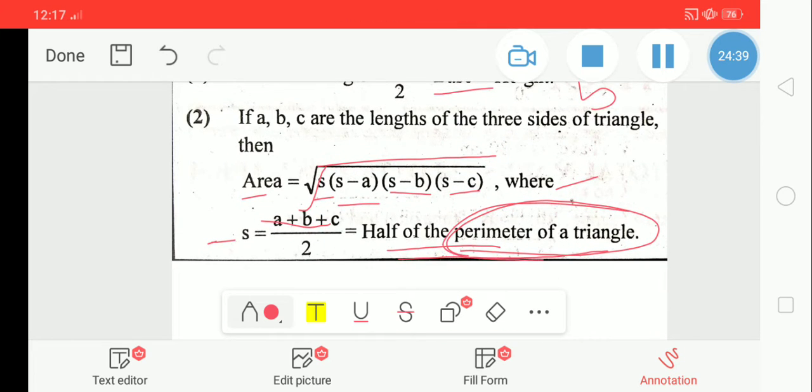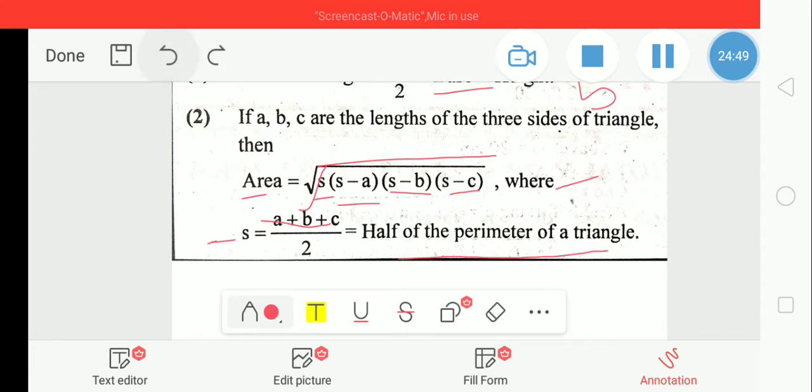Here S is half of the perimeter, and in this way we also find the area of a triangle: under root S multiplied by S minus a, S minus b, S minus c.